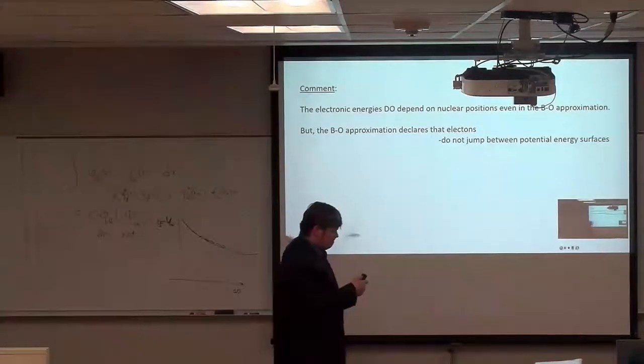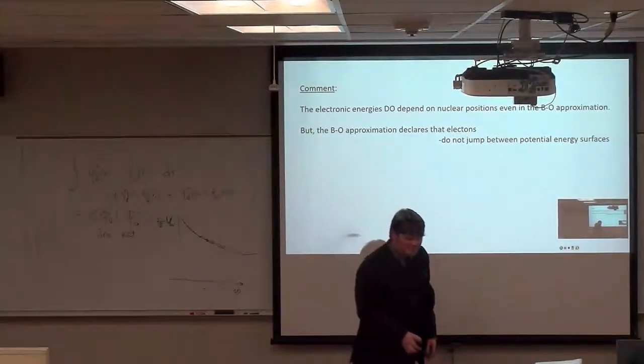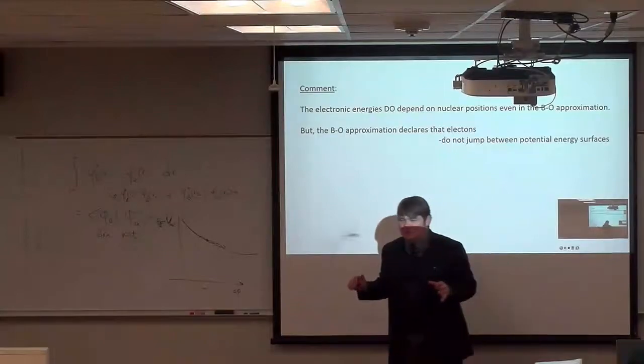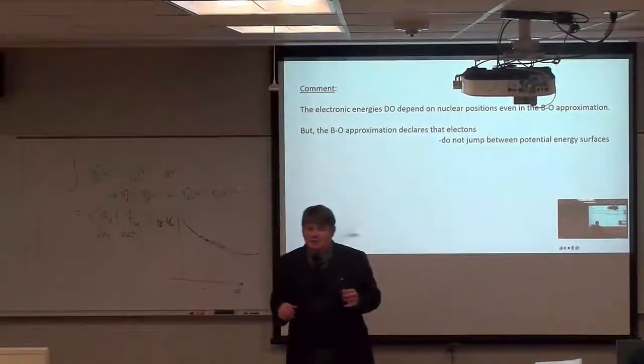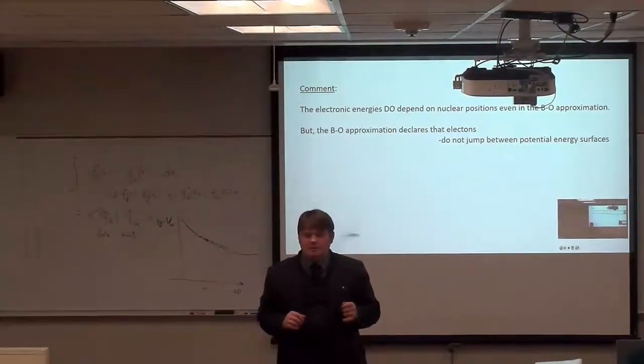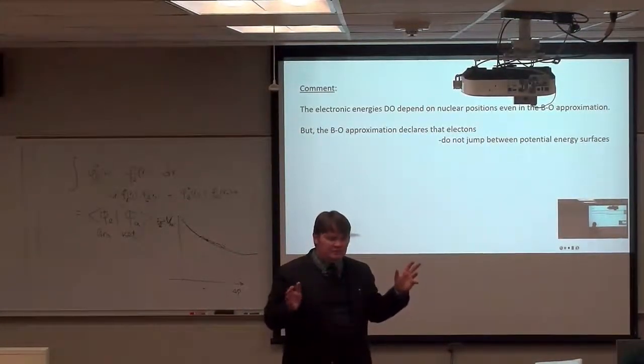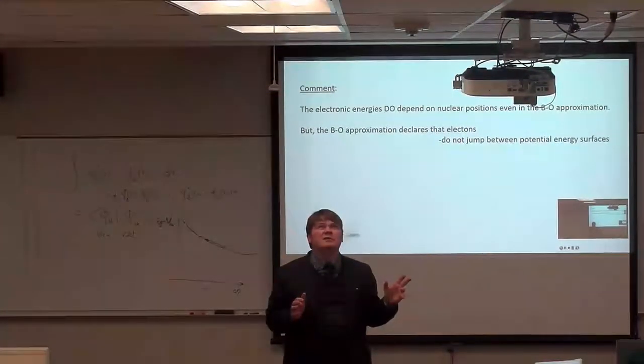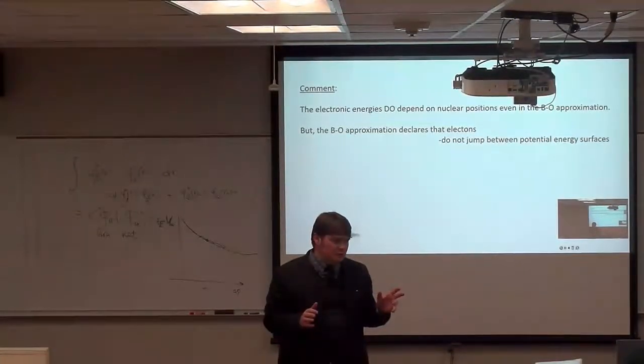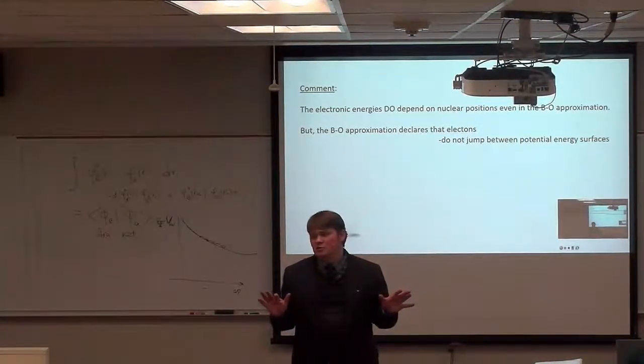So I made this comment because, being myself excited about this material, I'm always forgetting to tell it. When you were listening to what we were discussing like 5 minutes ago, there could be a deceptive impression that under the Born-Oppenheimer approximation, electrons and nuclei do not interact.